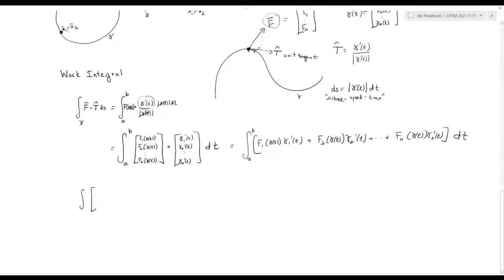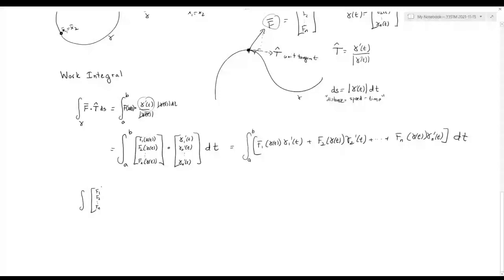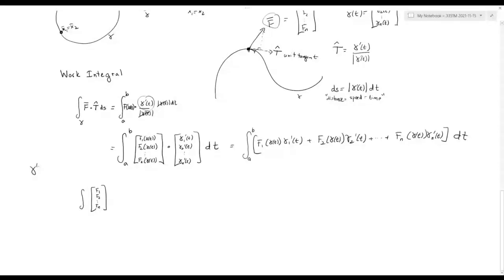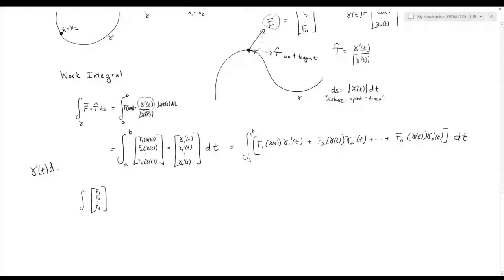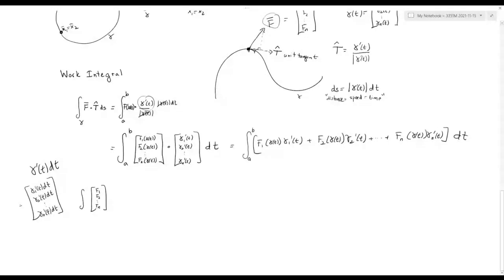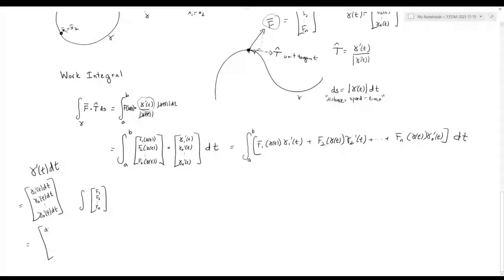Here's the vector field, and then gamma prime of t dt is just gamma 1 prime dt, gamma 2 prime dt, and so on, which we can think of as dx1, dx2. So this whole business can be thought of as this dot product. Then it should be painfully clear that we have a one form.